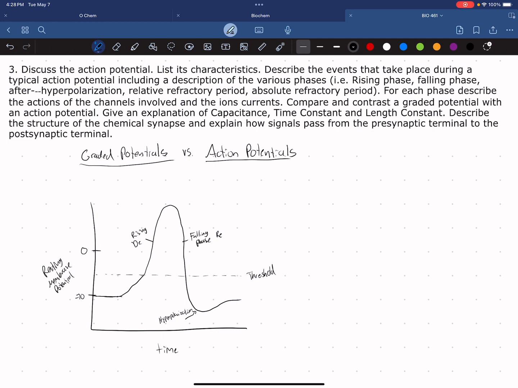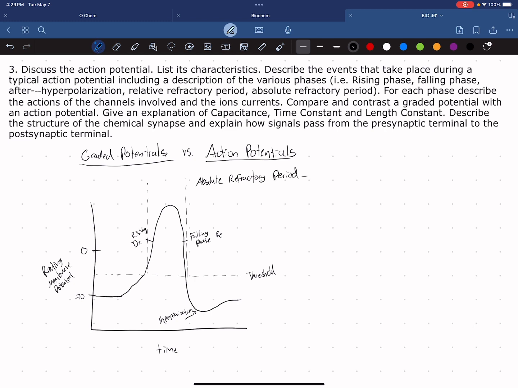And so to talk a little bit about this action potential, we'll go ahead and split it up into sections. So the section here of the peak of the action potential is what's called an absolute refractory period.